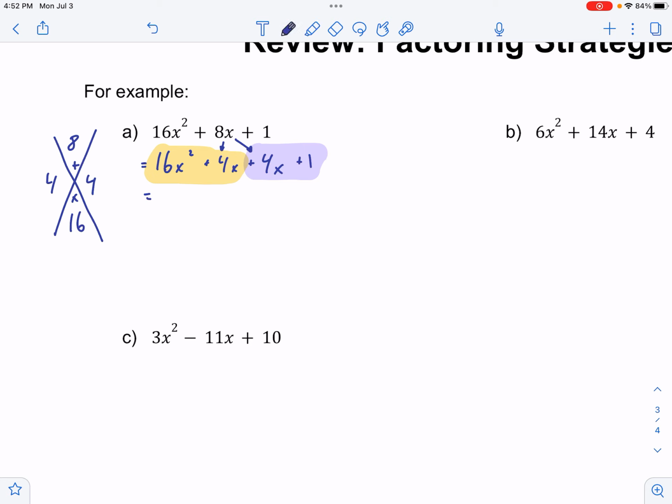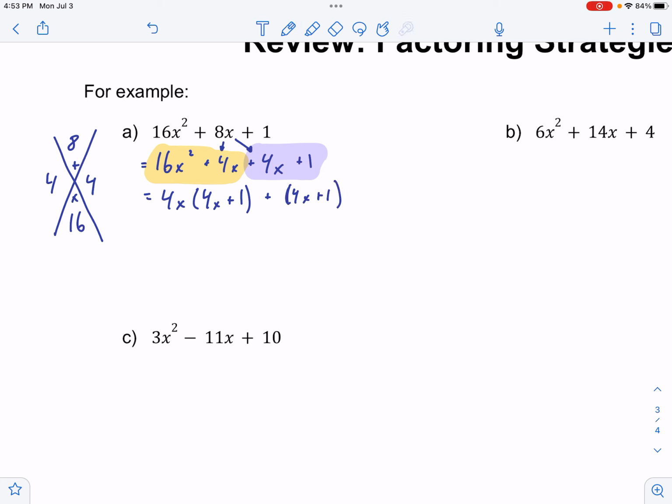Of the first two terms of my yellow group here, I can factor out a 4 and an x, leaving me with 4x plus 1. My second grouping, I literally can't factor anything out. I'm just left with 4x plus 1.